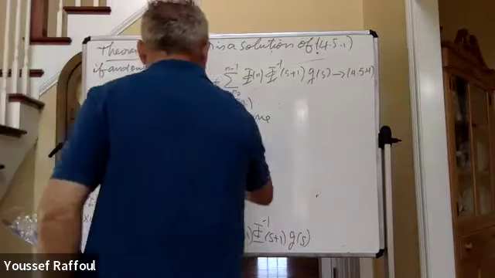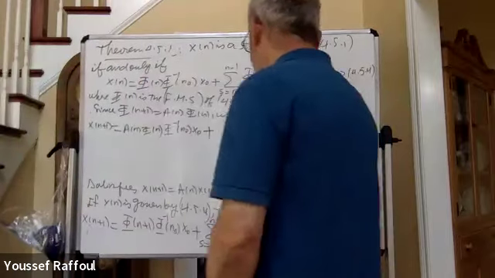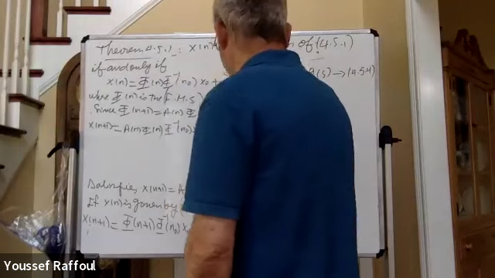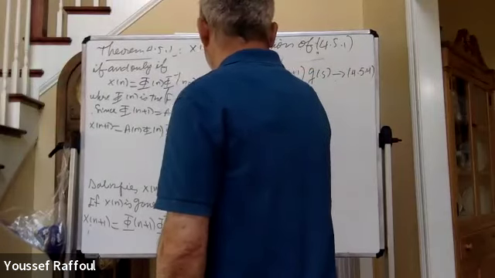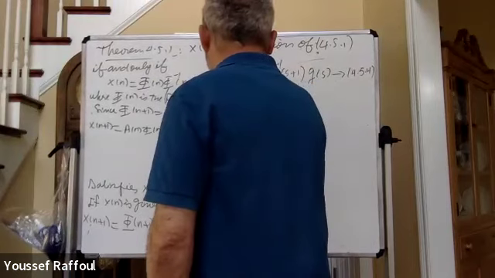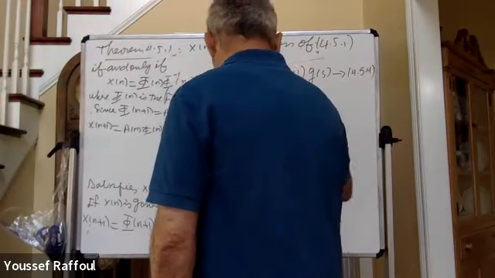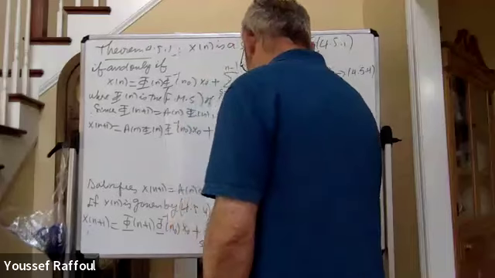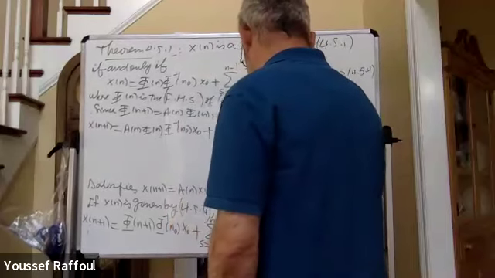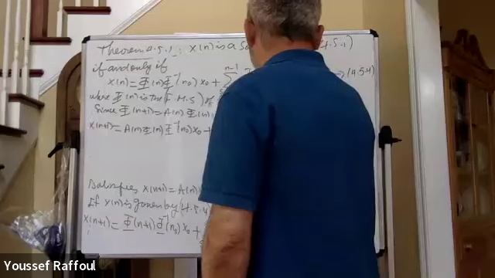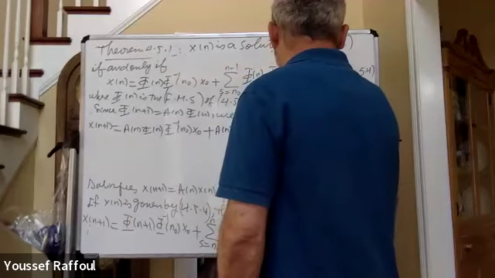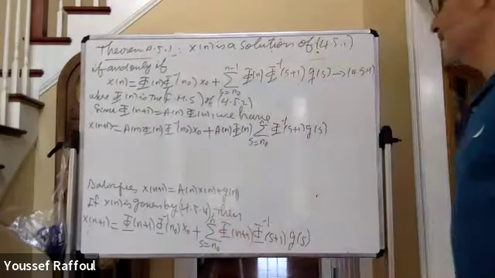Here, phi n plus 1 is, I'm going to take this out, plus a n phi n summation s equal n naught to n phi inverse of s plus 1 g of s.